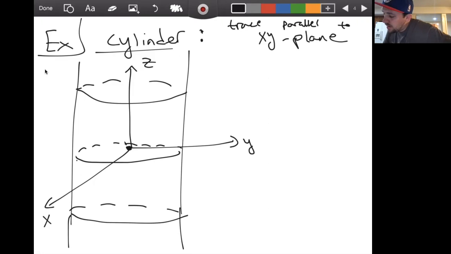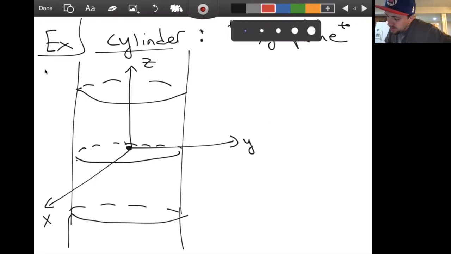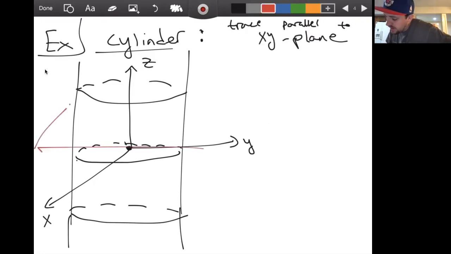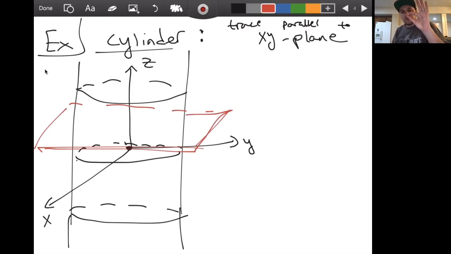And so what are we going to get for a cylinder, right? We take something parallel to the XY plane here, and we look at a slice. So imagine taking a Pringles can, you slice it in like a really, really thin piece, right? Say you slice this Pringles can twice and you have a really, really thin piece left over. And you say, okay, what's the shape of this piece left over?